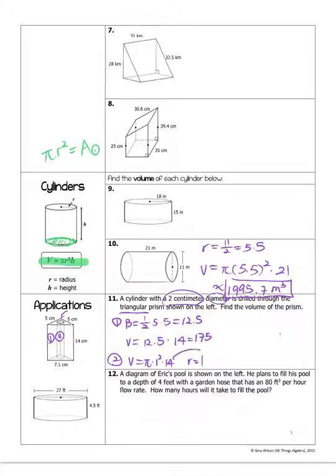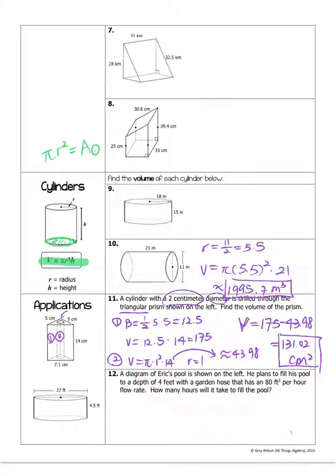So this is approximately 43.98. And my final volume would be 175 minus 43.98. So it's about 131.02 cubic centimeters.